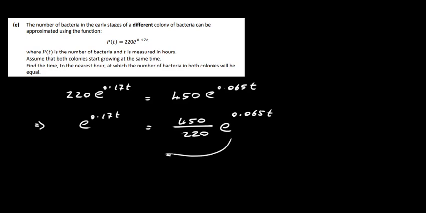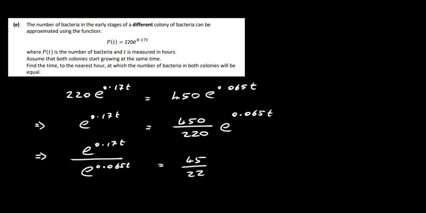Next thing I'll do is bring across the e to the power 0.065t. You could do all these in one go if you like. So on the left-hand side we end up with e to the power 0.17t divided by e to the power 0.065t, and 450 over 220, which we'll simplify to 45 over 22.